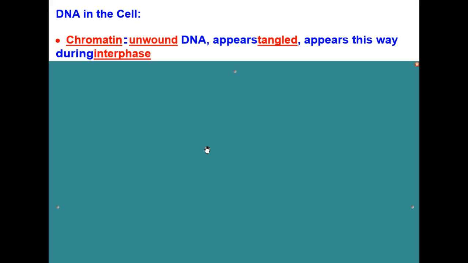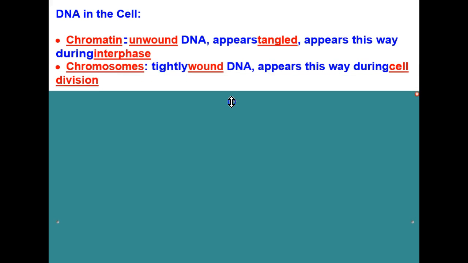It appears tangled, and it appears this way during the interphase stages, again, which would be G1, S, and G2. The other appearance of our DNA is what are called chromosomes. Here, the DNA is tightly wound, thickened together, and appears this way during the cell division stages of M and C.